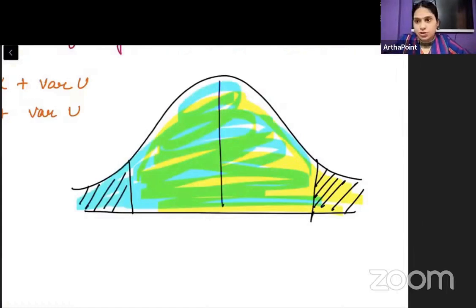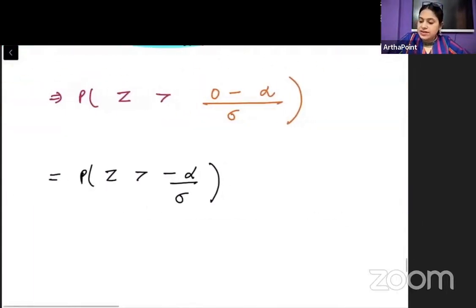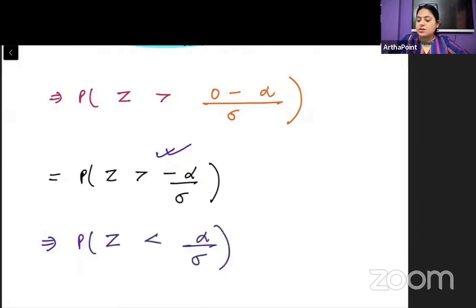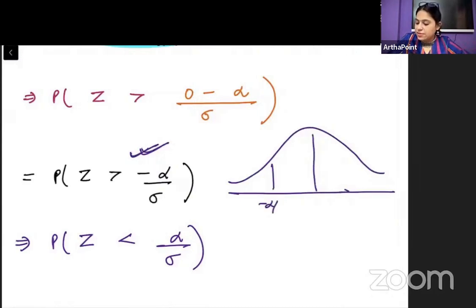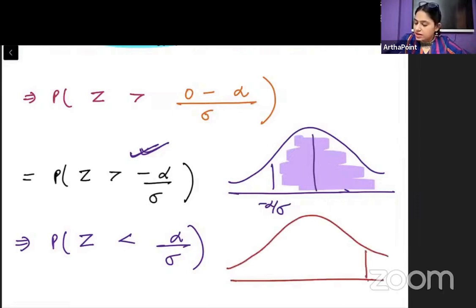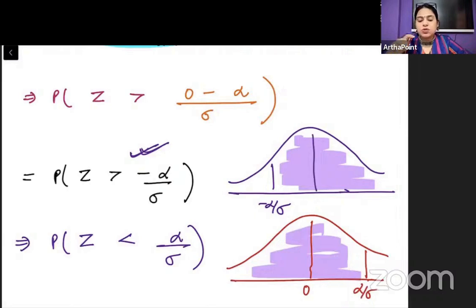So probability z greater than minus alpha by sigma can be written as probability z less than alpha by sigma. If I take minus alpha by sigma here, this is this area. And if I take alpha by sigma here, this is this area. And in a normal distribution, the two areas are equal due to symmetry.